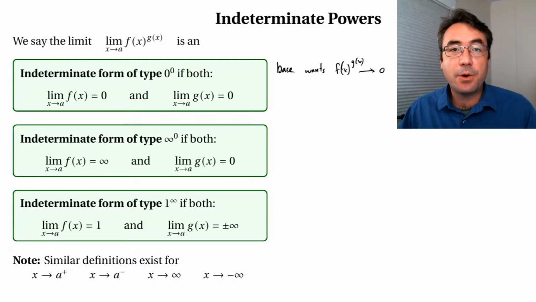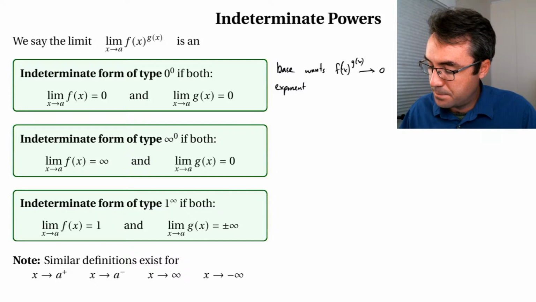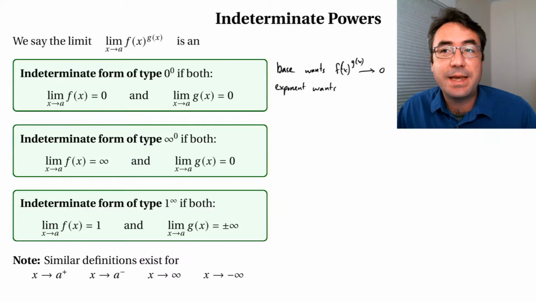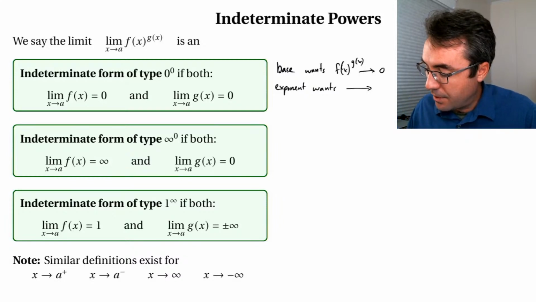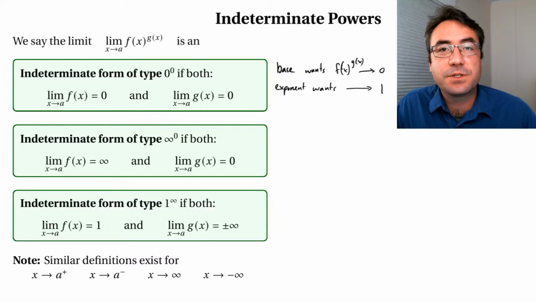Now when our exponent is going to 0, it wants something different. So if our exponent is going to 0, we know when we normally raise things to the 0 power, it wants to make it 1. So with our exponent going to 0, that wants to force the expression closer and closer to the number 1.